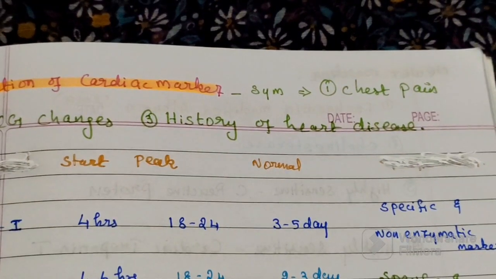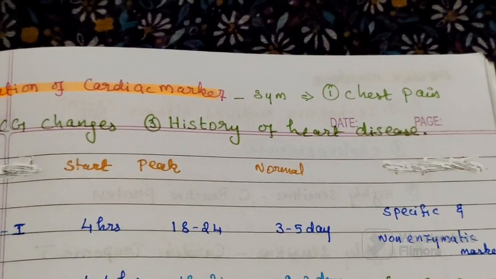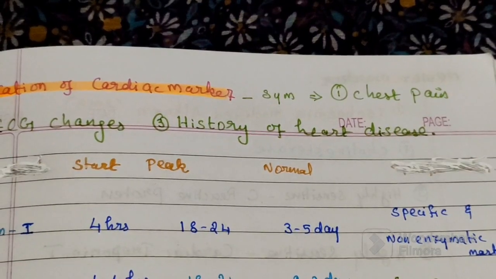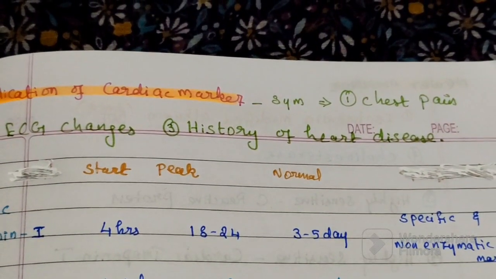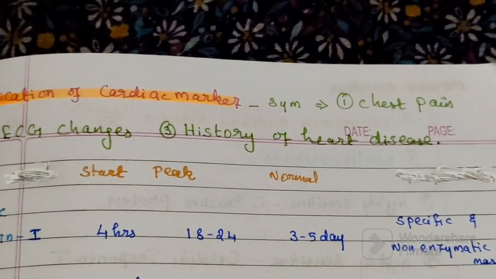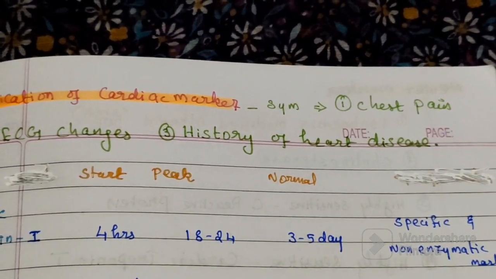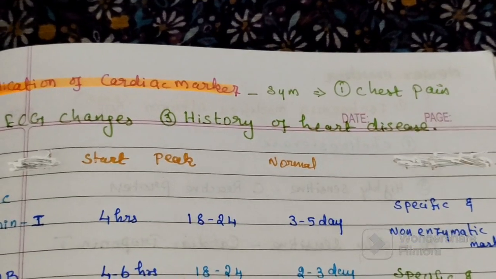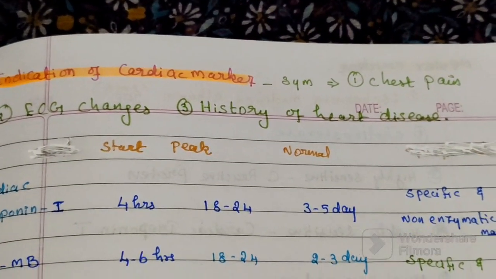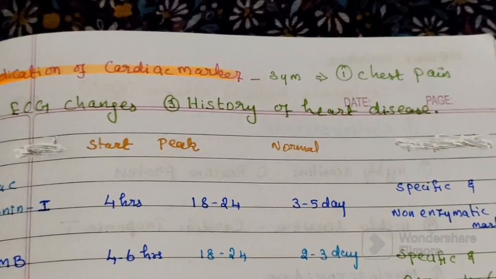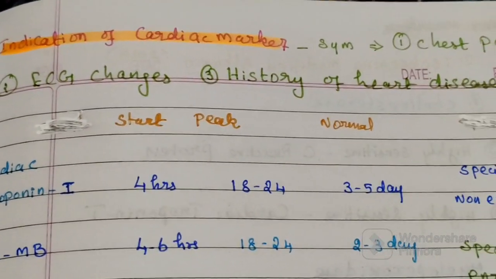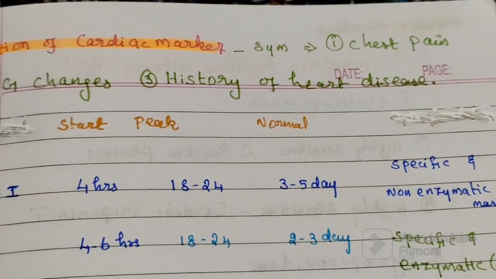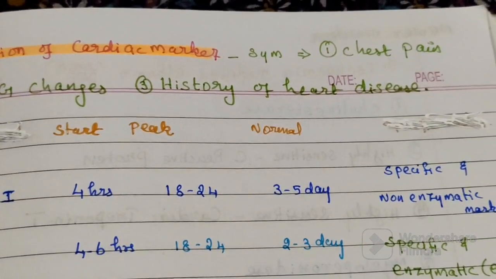When the patient has a history of heart disease, it is important to do cardiac investigation and cardiac markers. So what are the three important things? Symptoms, chest pain, then ECG changes, then history of the patient, whether they have heart disease or not.